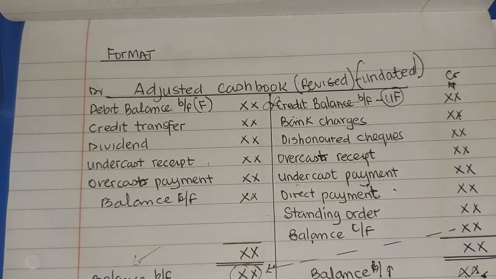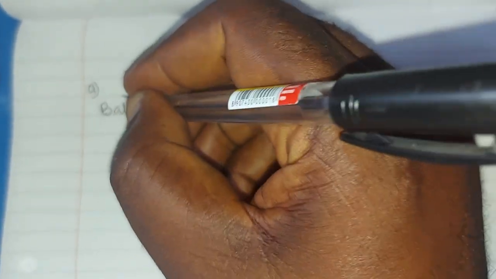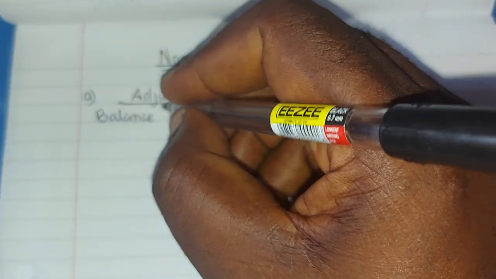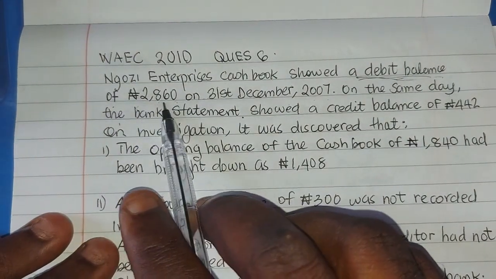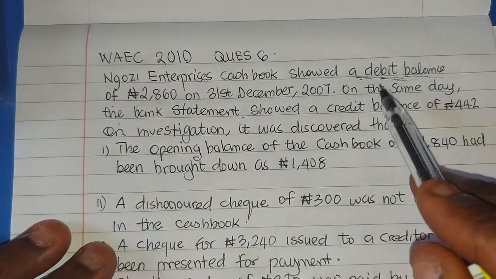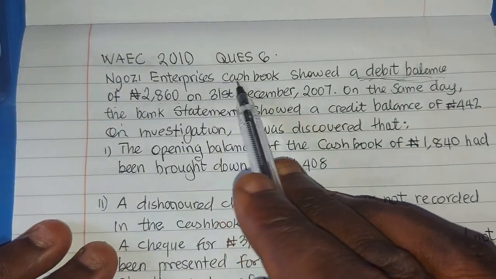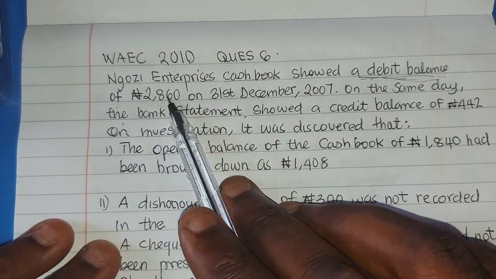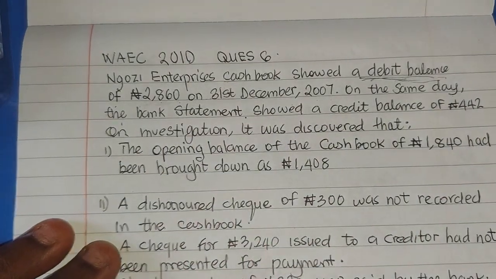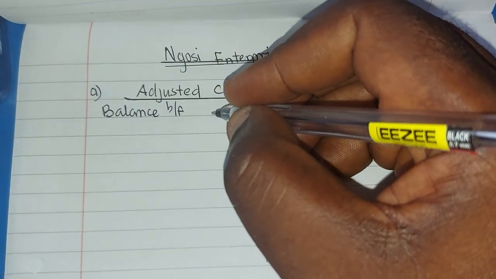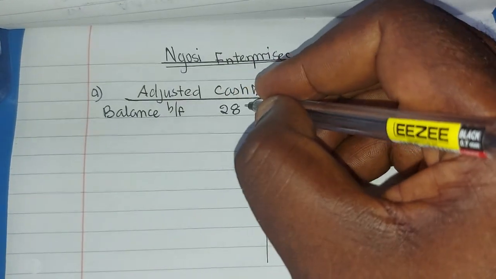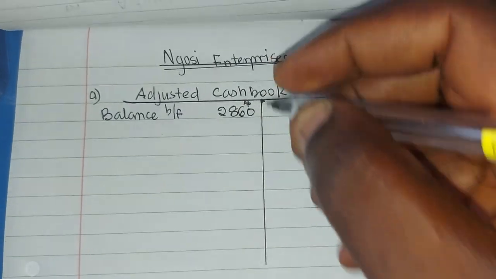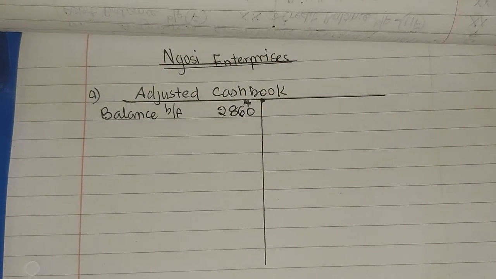So you go to the adjusted cash book and write balance brought forward. How much? 2,860. Okay, that is the debit balance. The cash book balance is brought down as balance brought forward. All right, so that is 2,860. Then we go to the next item.